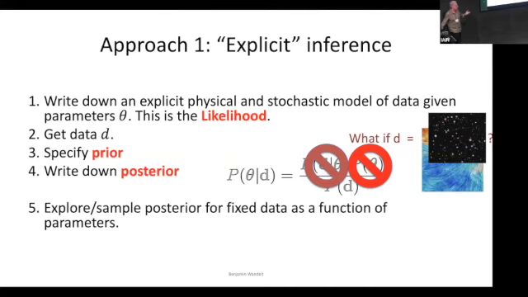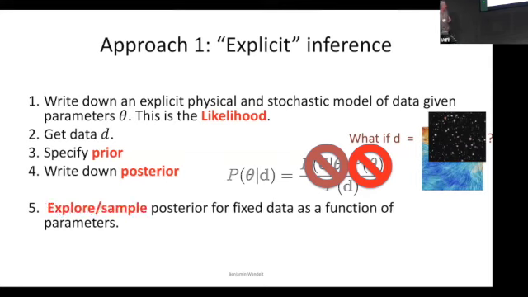So some more complicated data object where you don't know how to write down your signal model because it's quite complicated already. You might have your signal be complicated and intractable with no closed form. You may also have your data and your noise model be intractable and complicated with no closed form. So this explicit inference approach is limited in that sense.